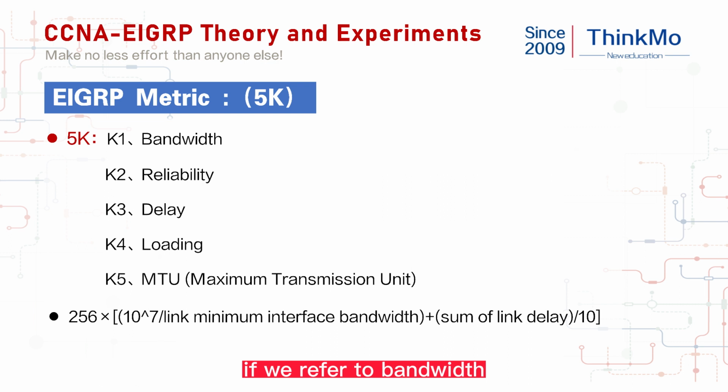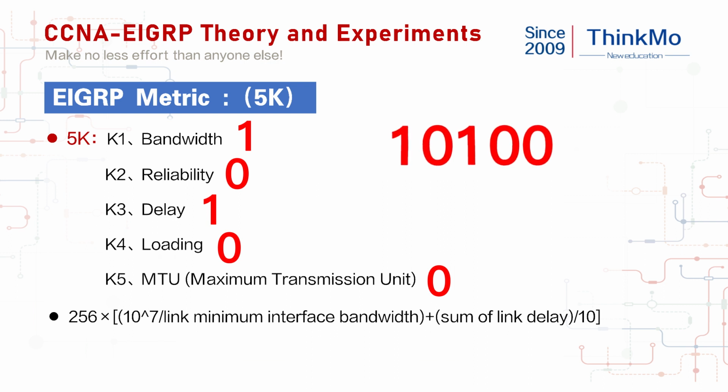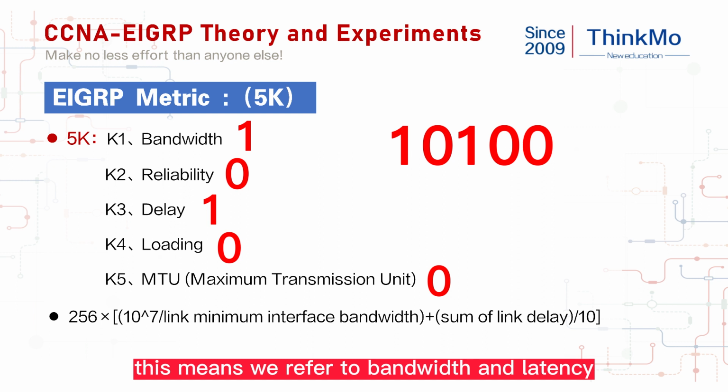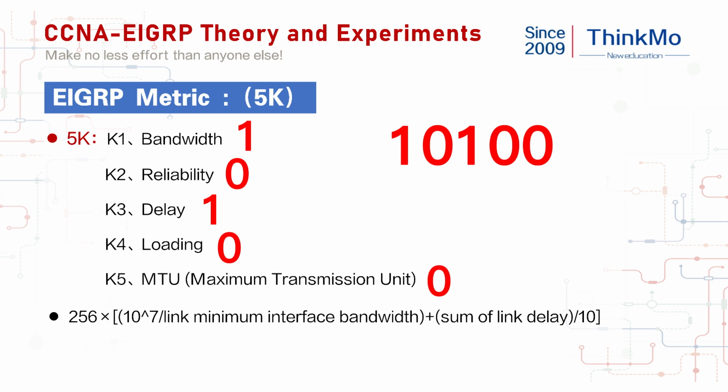If we refer to bandwidth, then this one is 1. If we refer to delay, then it is 1. Others do not refer, so 0. Then this 5K value is 10100. This means we refer to bandwidth and delay without reference to the other 3 parameters.